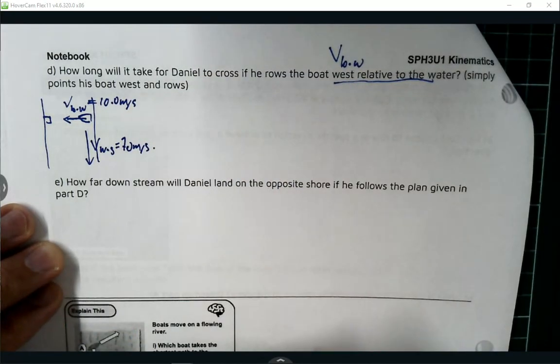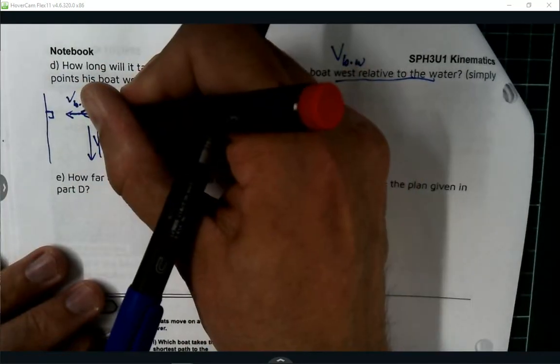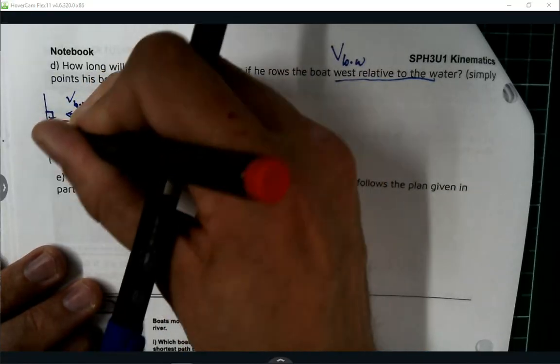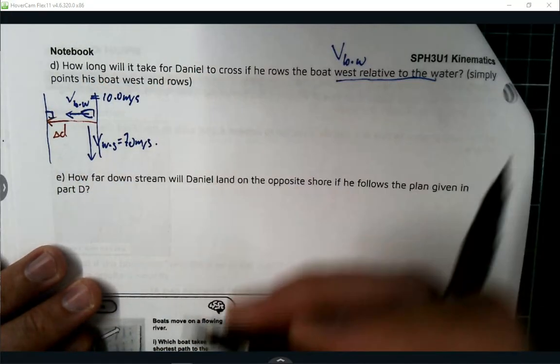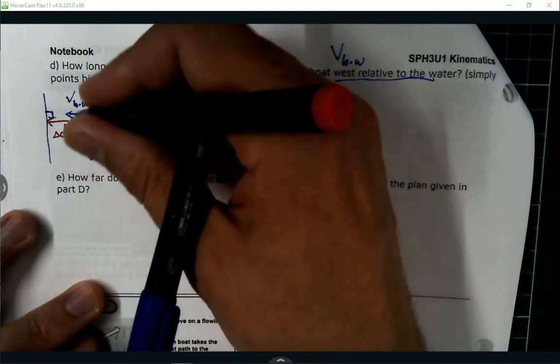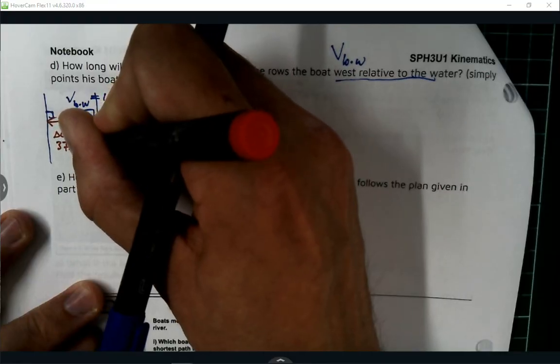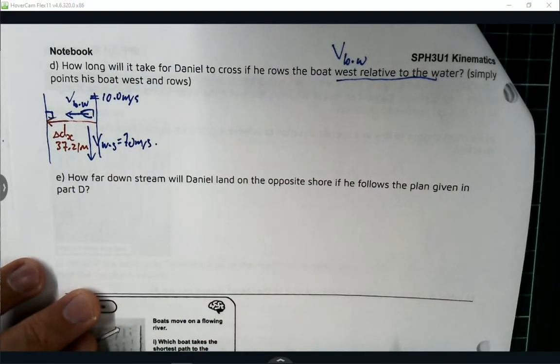We know the width of the river itself, the displacement in the x direction, was 37.21 meters. And it's asking us how long it's going to take for him to get across.